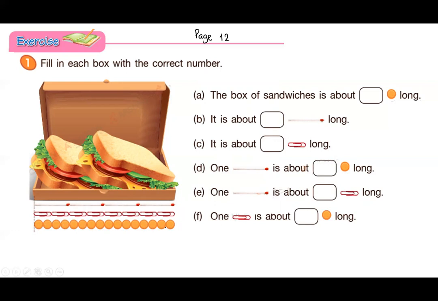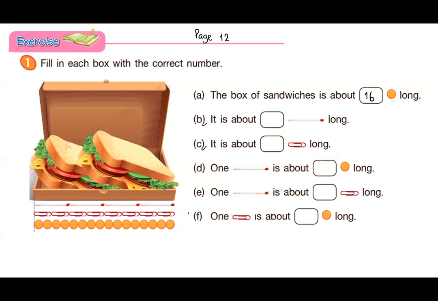Let's count again to be sure. 1, 2, 3, 4, 5, 6, 7, 8, 9, 10, 11, 12, 13, 14, 15, 16. So you write here 16. Okay. Now go ahead and answer part B and part C.